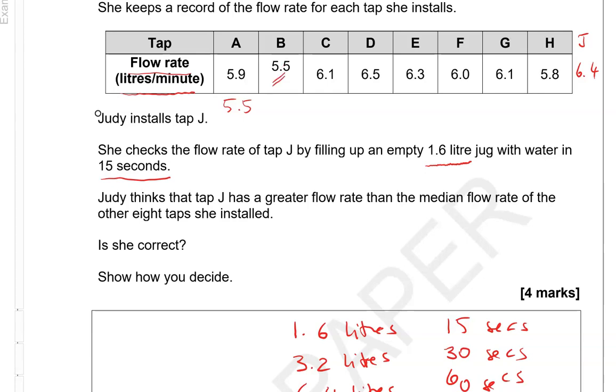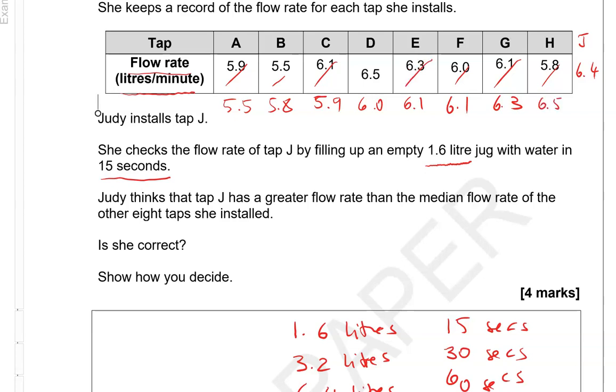Then we have 5.8, then we have 5.9, then we have 6.0, then we have 6.1, 6.1 again, 6.3 and 6.5.